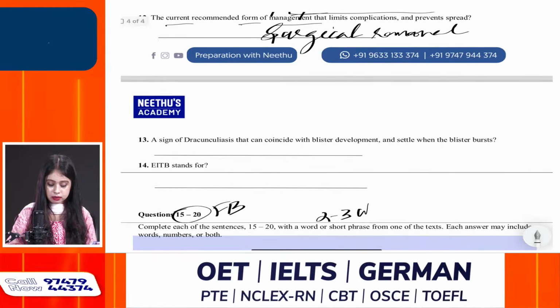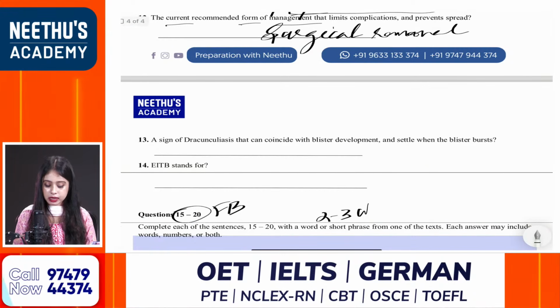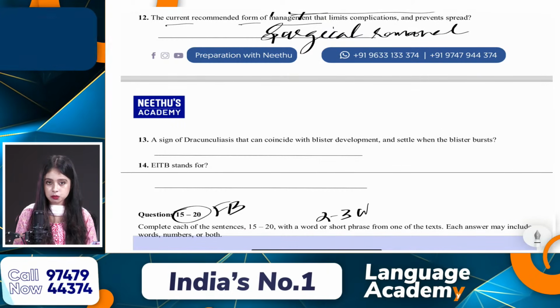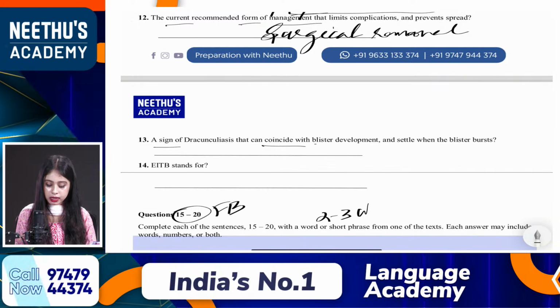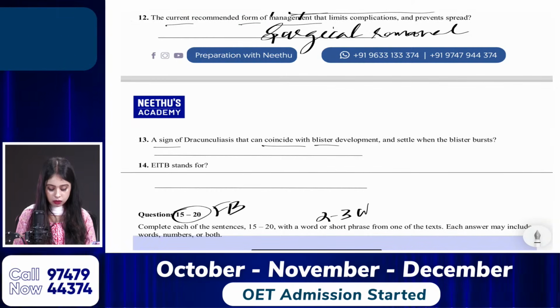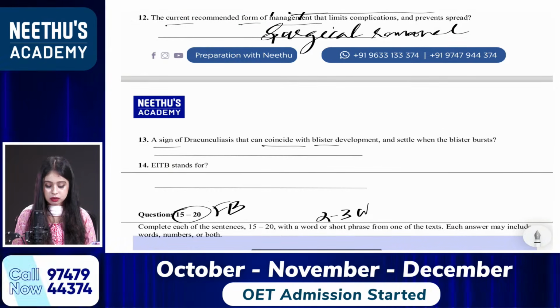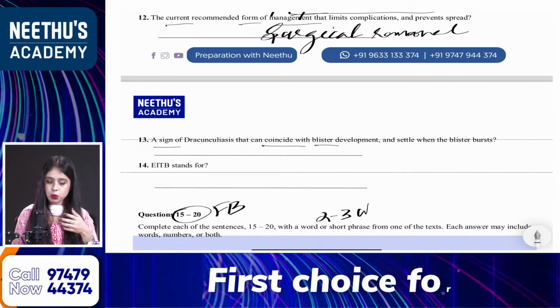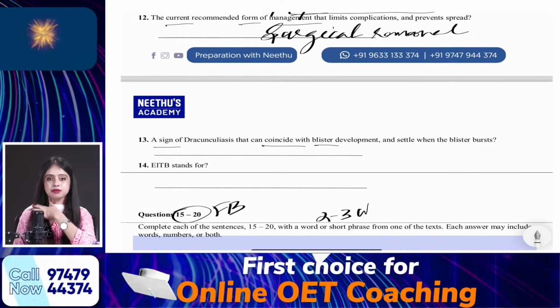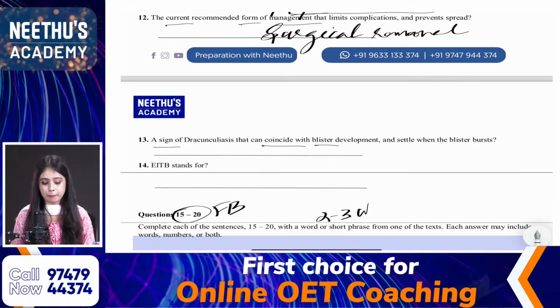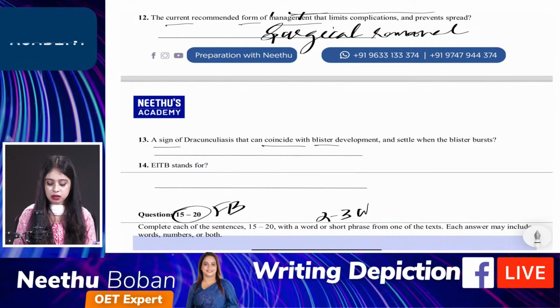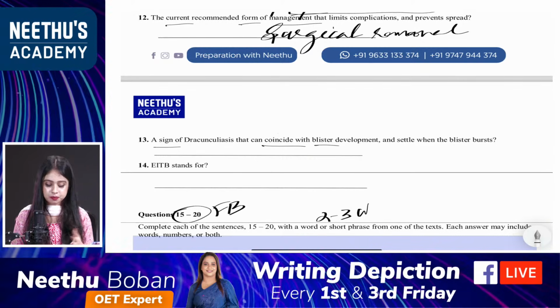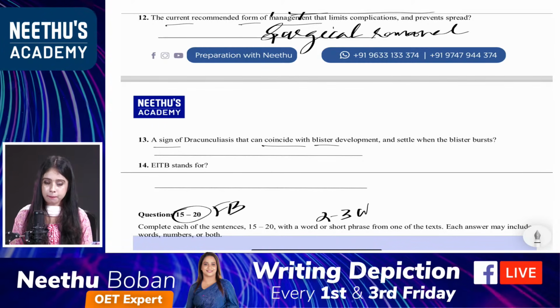Okay, and the 13th one: a sign of dracunculiasis that can coincide with blister development and settle when the blister bursts. So my keywords are sign, coincide and blister. Along with blisters, what is another sign which they have?